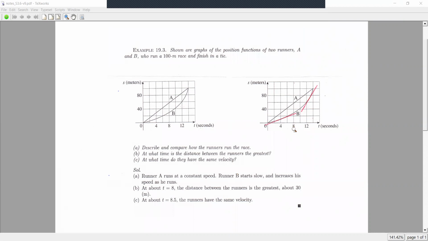That means that at time a, runner B is about 30 meters from the starting point. At a, the graph for A, the height is about 60. That is, runner A is about 60 meters from the starting point. So the distance between them is 60 minus 30, which is 30 meters.